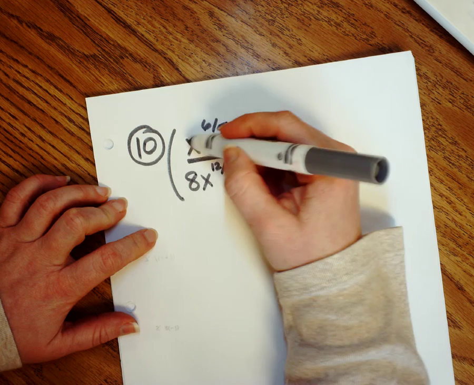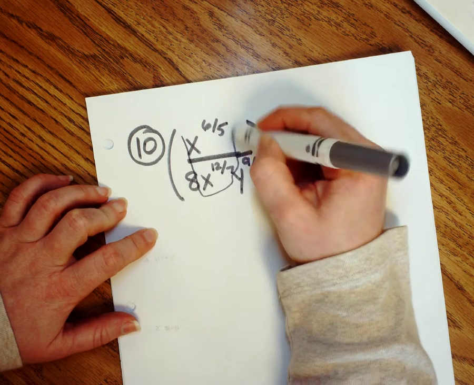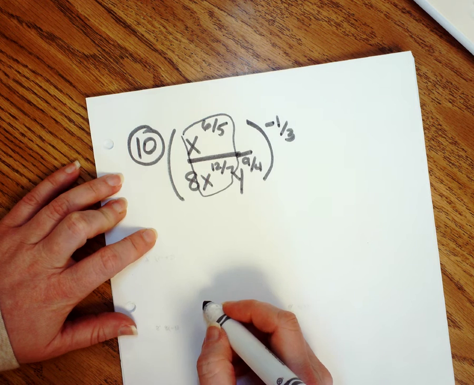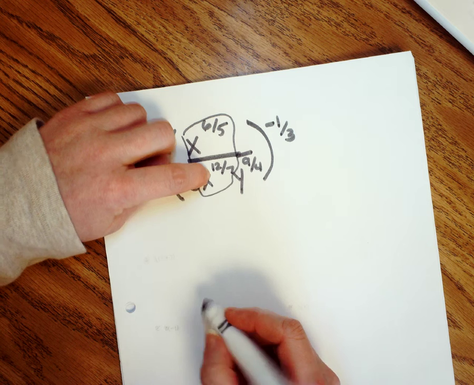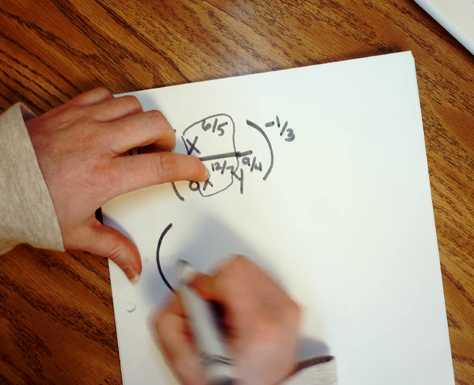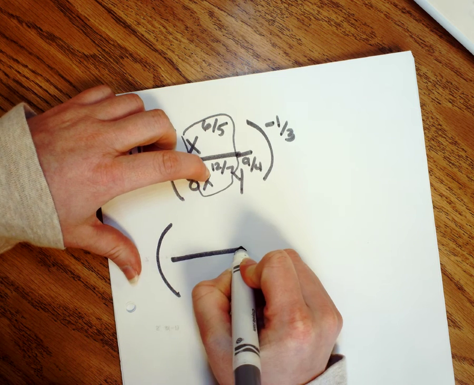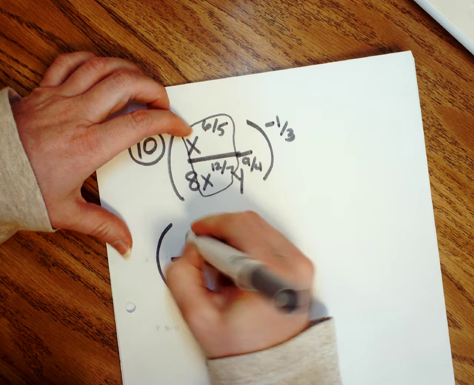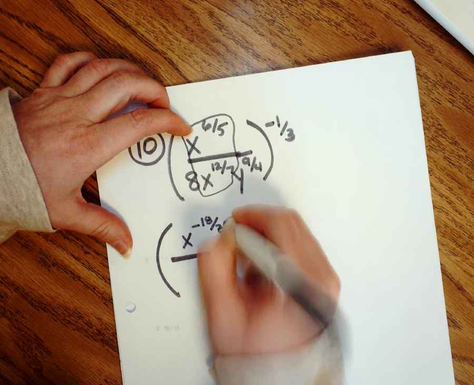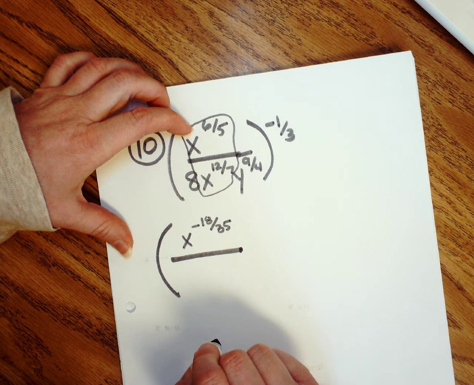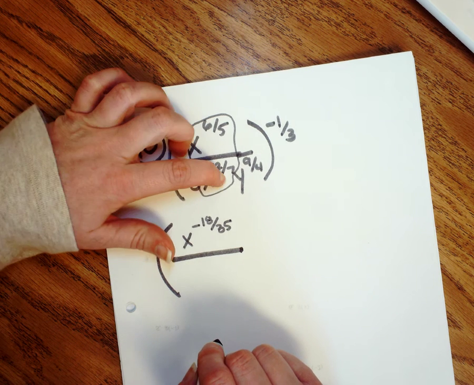The first thing I do is I go ahead and do subtraction. So 6/5 minus 12/7 gives me negative 18/35 for my x on top, because I did this minus this.